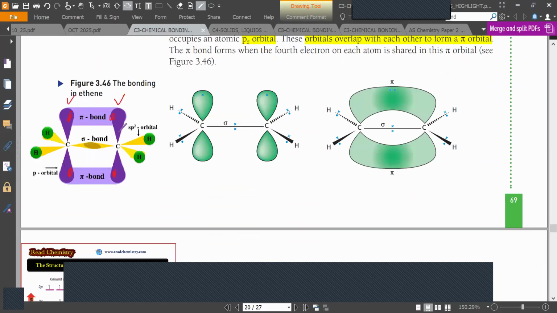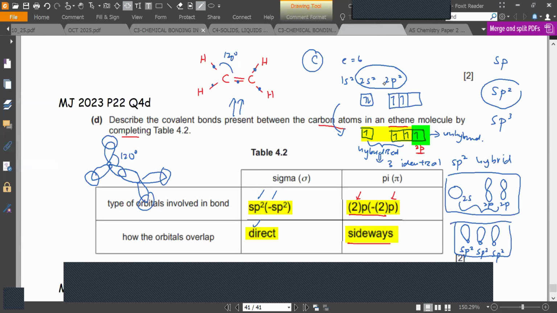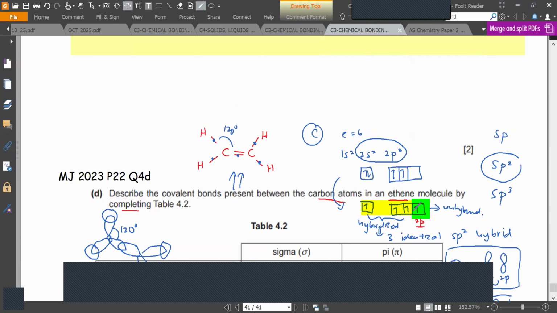We take the unhybridized p orbitals and they are in a suitable position to overlap sideways. So we get the pi bond there. So that's the idea for this question. Okay, so that's the 2023 question.